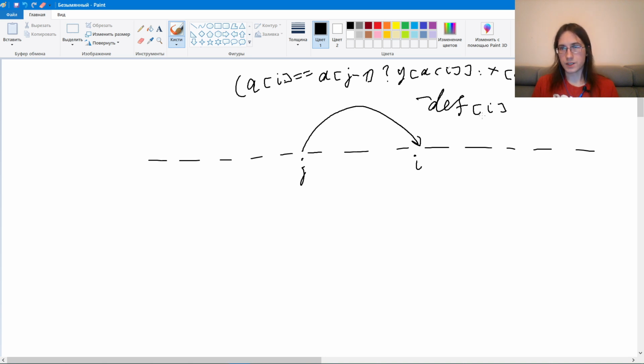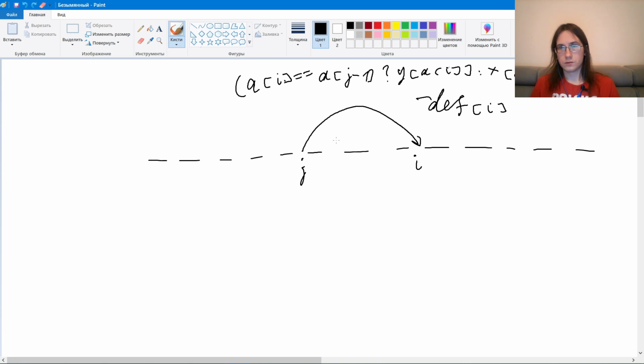Minus default. So instead of the default price, we pay this price. So for every jump, except for the last jump, we pay such price. For the first jump, we also pay this price, but we consider that this value is non-existent, so it's not equal. If j minus 1 does not exist, then we pay the full price, obviously.